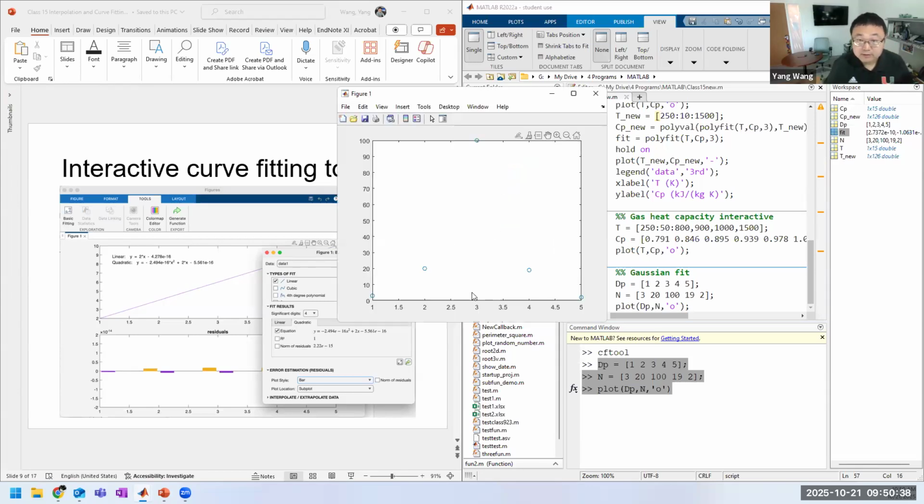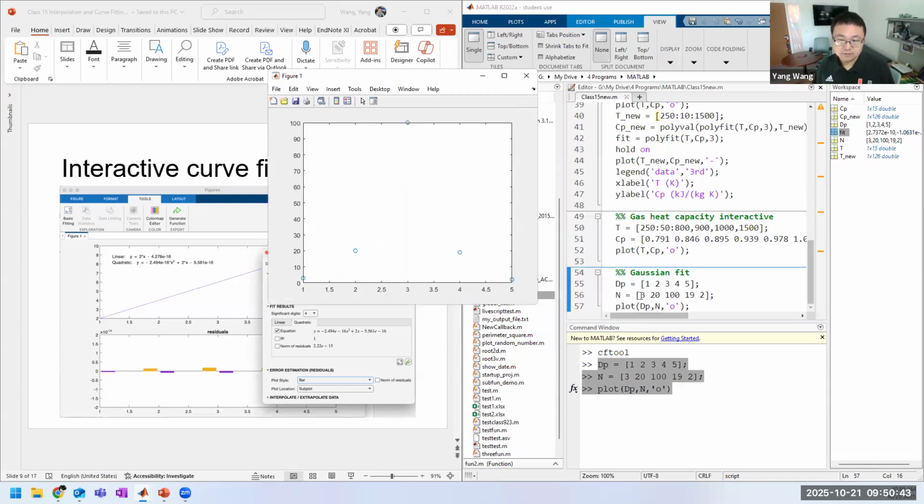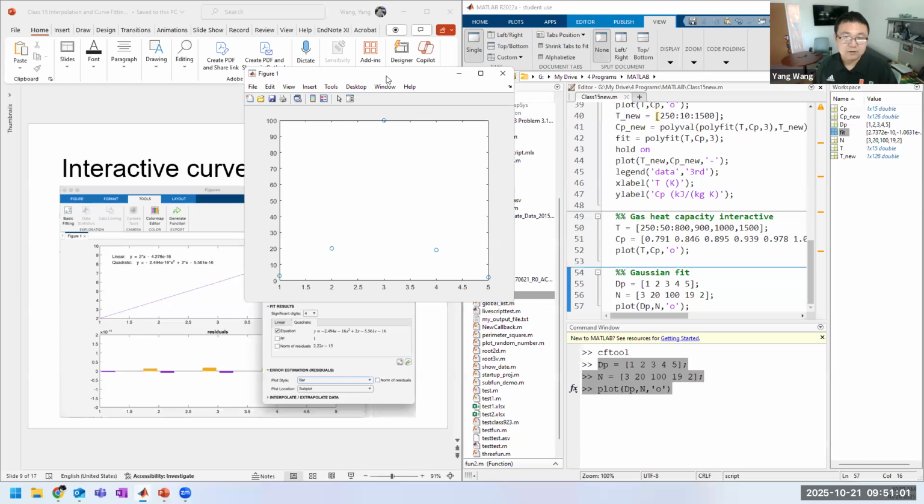We're trying to measure the number of suspended particles in each size bin, 1 micrometer, 2 micrometer, and so on. So this is our distribution. We know it's going to follow a Gaussian distribution because this is how nature looks.